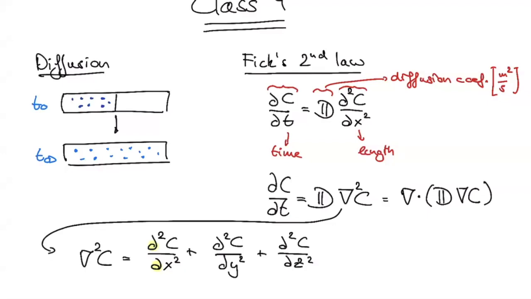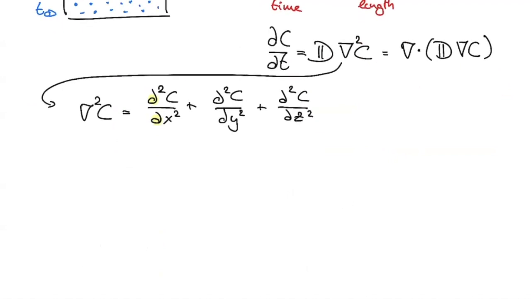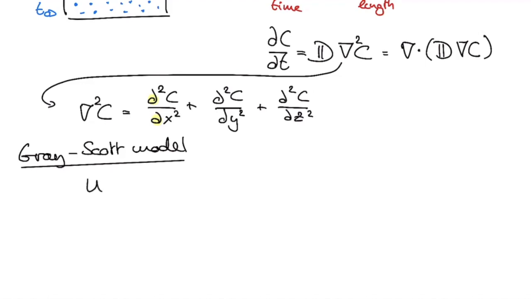Okay, so let's look at a very famous example, which is called the Gray-Scott model. Okay, so it has just 2 equations. So we have species U plus 2V, which gives 3V.